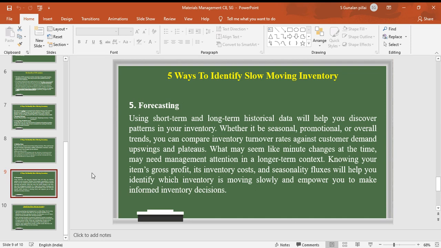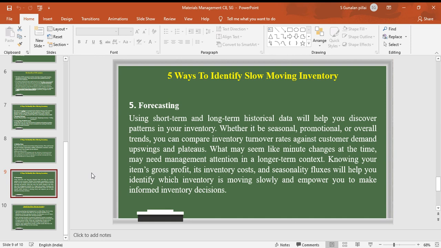Then forecasting. Using short term and long term historical data will help you discover patterns in your inventory, whether it is seasonal, promotional, or overall trends. You can compare inventory turnover rates against customer demand upswings and maintain what may seem like minute changes at the time.